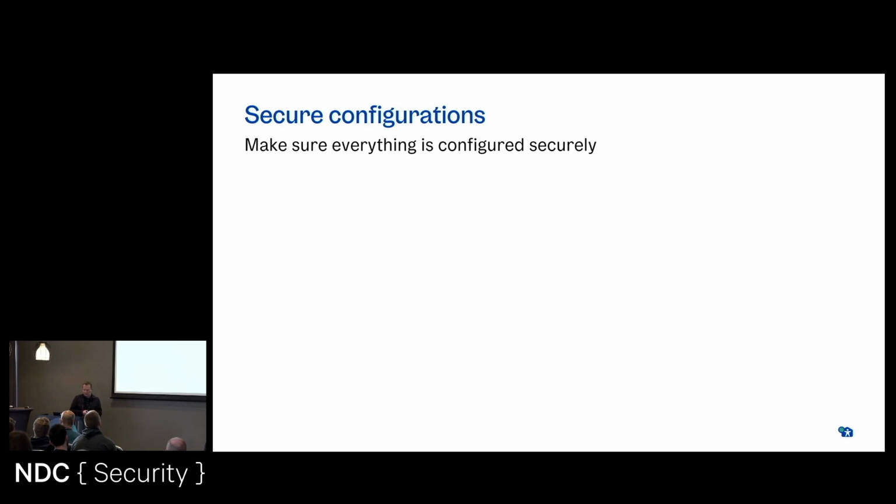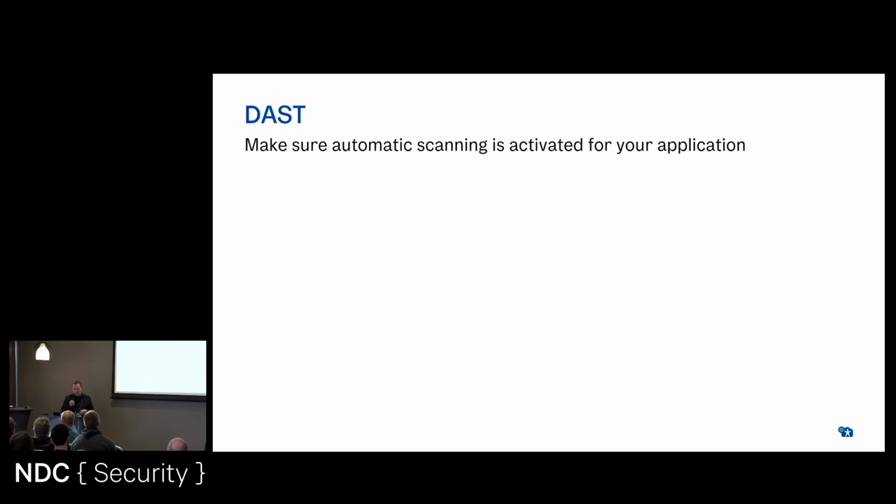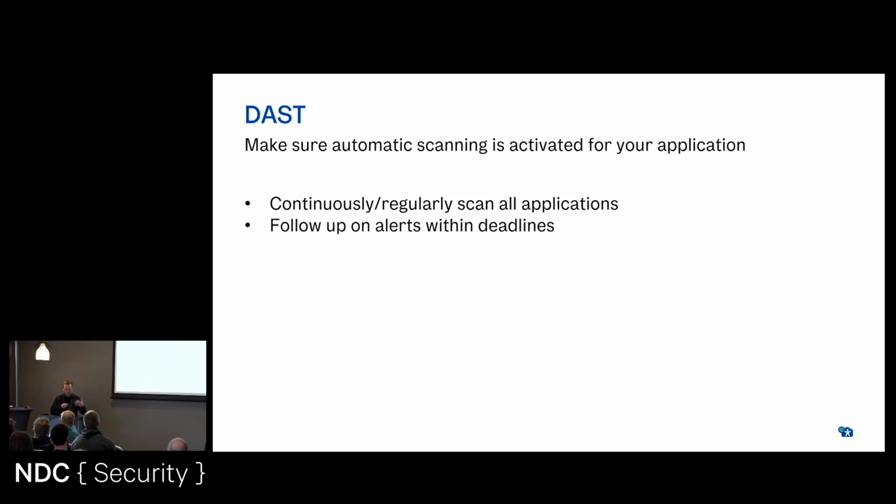Secure configuration. This is easy to not do well, so we want to follow vendor guidelines or other checklists to make sure that we have hardened platforms and infrastructure. We have dynamic scanning, so this is about making sure that your application also is covered by the scan, that this is scanned regularly, and obviously you have to follow up on the alerts of the scan.